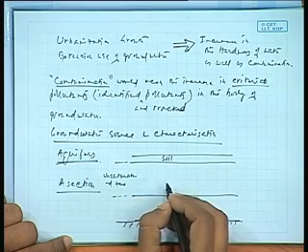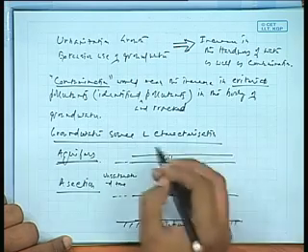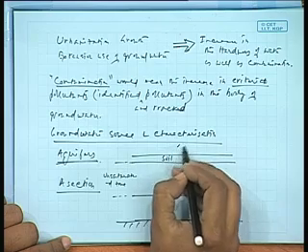This is the unsaturated zone. Try to understand this. This is in case of a rain.